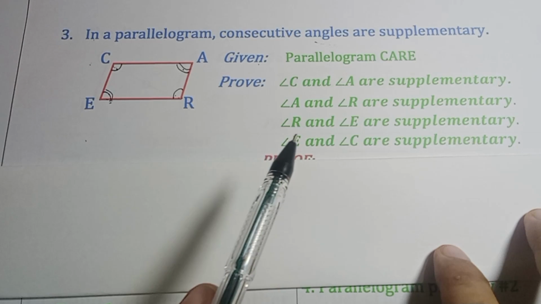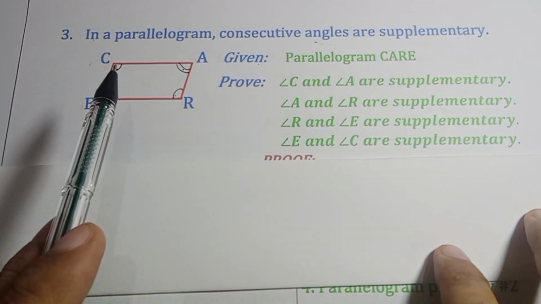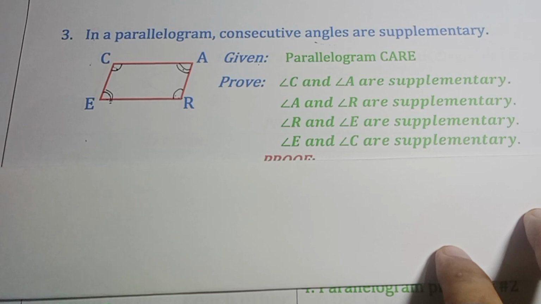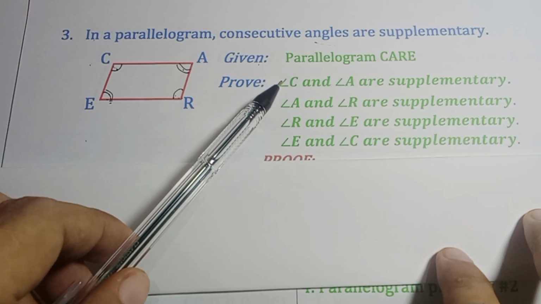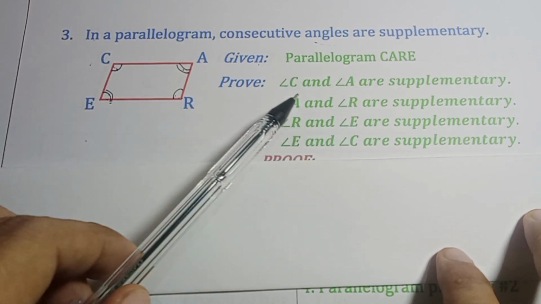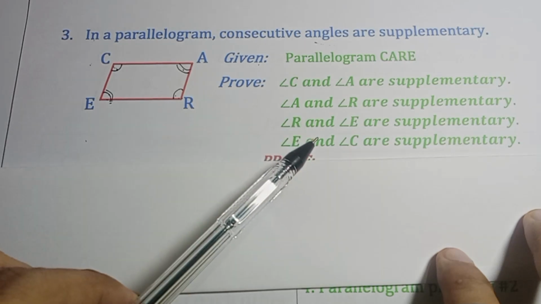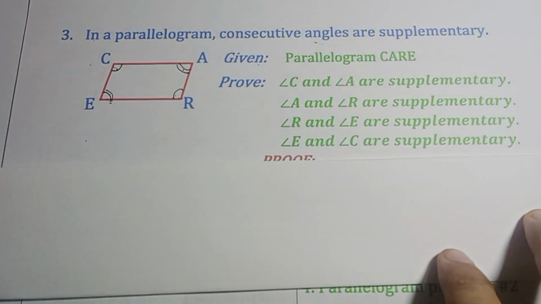And angle E and angle C are supplementary. I am just going to show you the proof of the first consecutive angles. Angle C and angle E are supplementary. Maybe these three would be your job, will be your exercises.